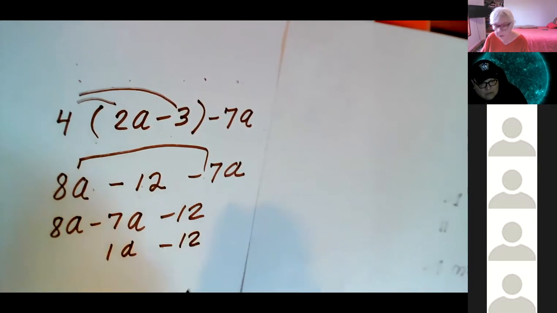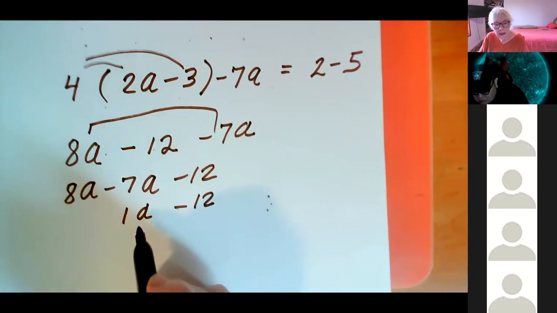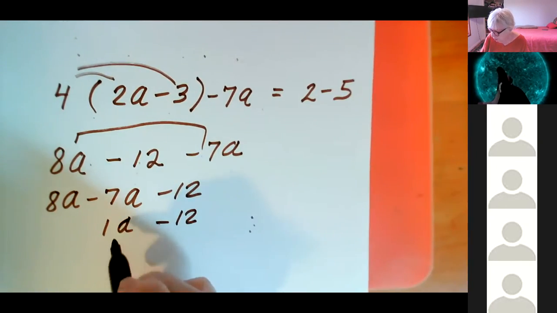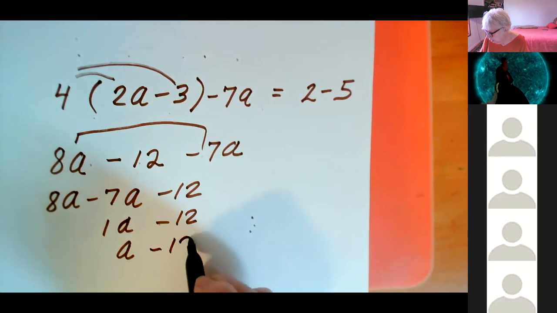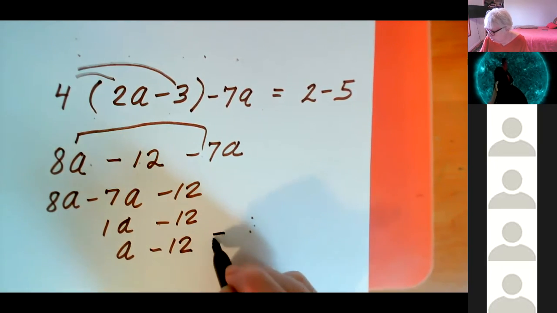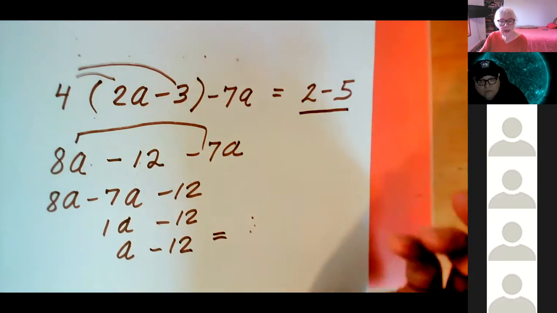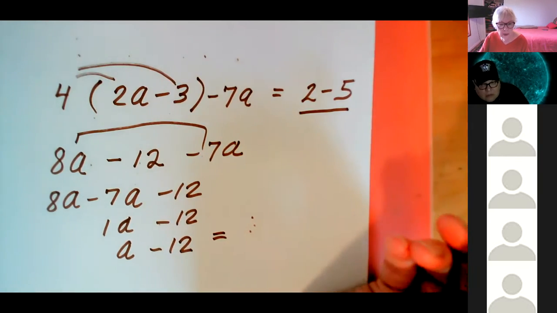Subtract 12. And again, in algebra, we don't like to write anything extra. So 1a becomes a minus 12. These are identical. Over here, I've got this. It's very similar to the last problem. 2 subtract 5. What is our answer?